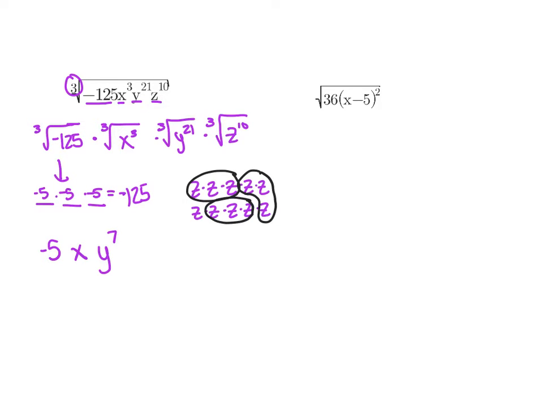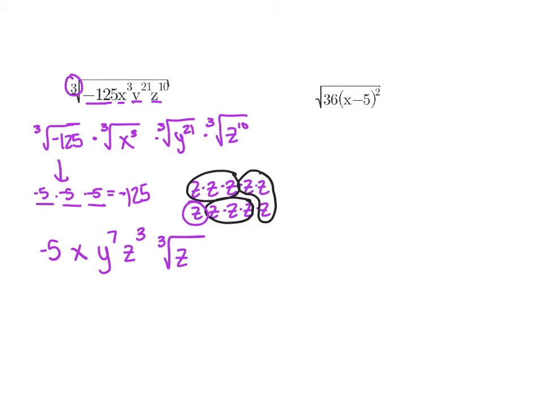So you can have 3 groups. 3 goes into 10 evenly 3 times. So that's going to be z to the 3rd. But you have this one lone remainder out there. That remainder, that lonely z, needs to stay under the cube root. If it does not have a group to go in, it stays under the cube root.